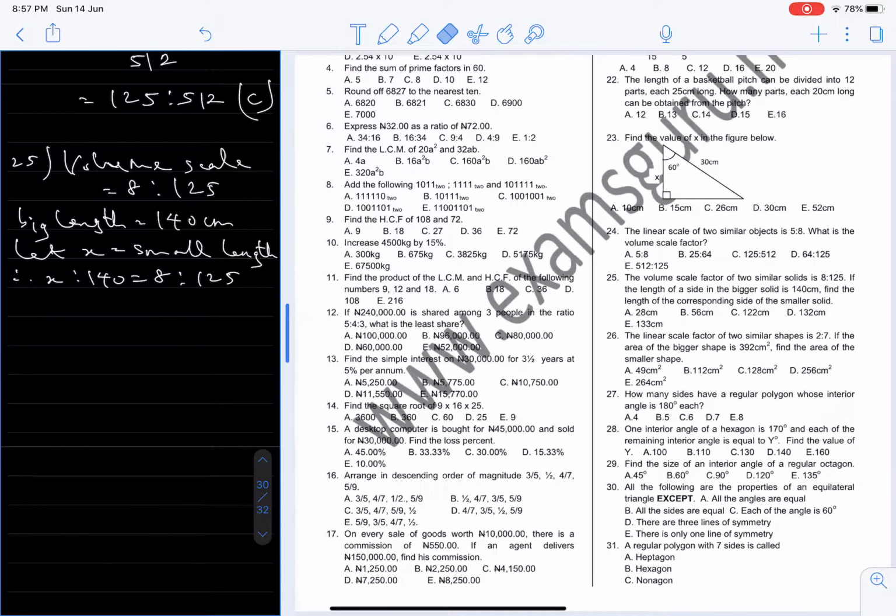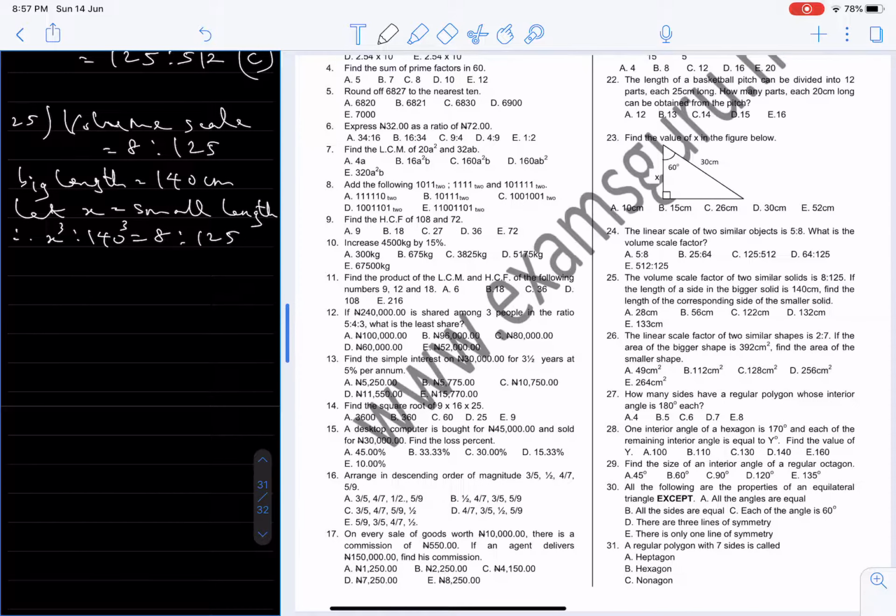Of course, that means x cubed to 140 cubed, because volume is a cubic factor, is 8 to 125. We know that volume is a cubic factor, so I think I should write it this way.